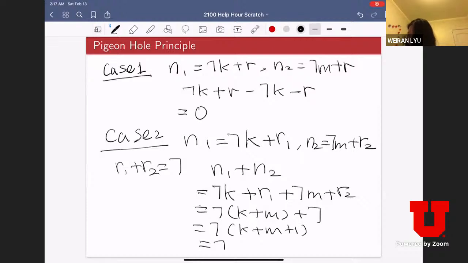And that's just 7Q by closure. And then you have proved that the two have a sum or difference divisible by 7 with these two cases.